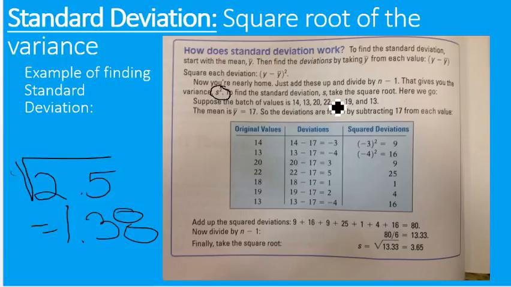So to find the standard deviation, all you have to do is take the square root, which is what we did over here. So this is my standard deviation from the last set of data. If you need to look at it, you can press pause and look at that for another example.